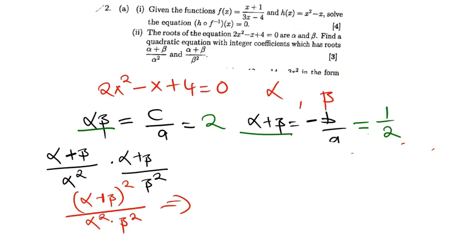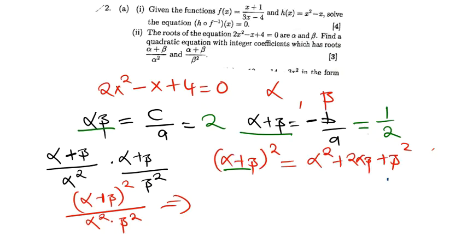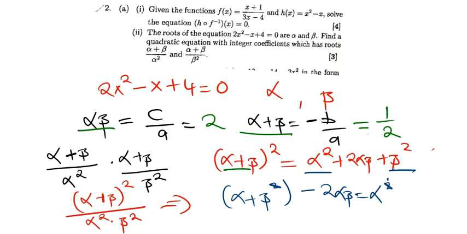Anyway, just for the sake of understanding, in cases where they give you alpha squared plus beta squared, that would not be in the required form, so you end up subtracting 2 alpha beta, so that this is equivalent to what remains on the right, which would be alpha squared plus beta squared.